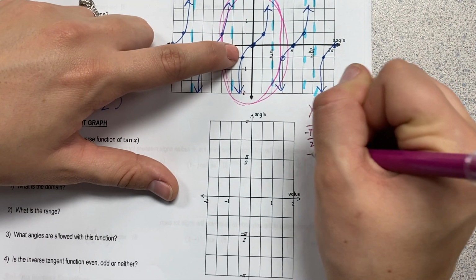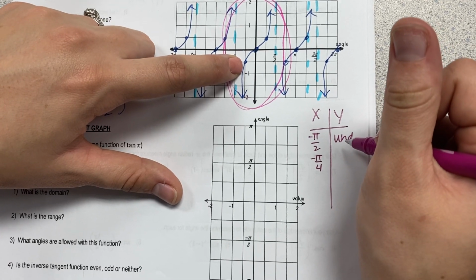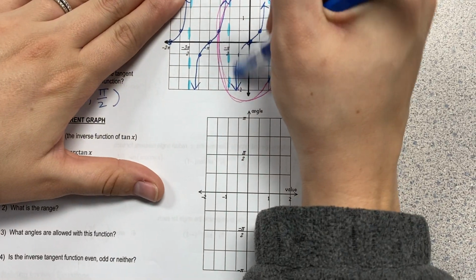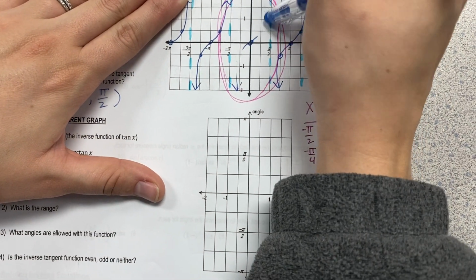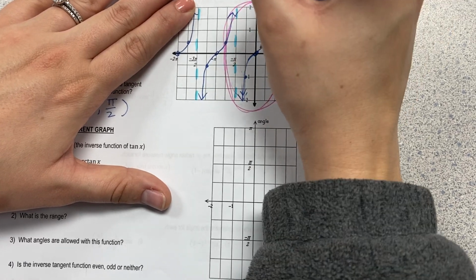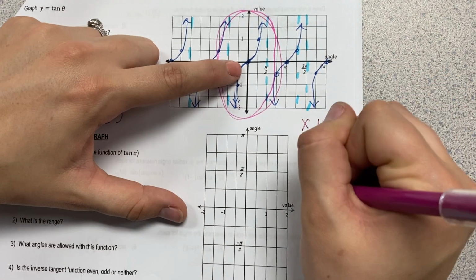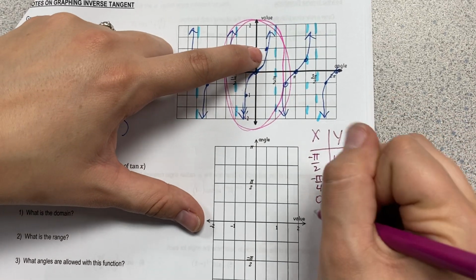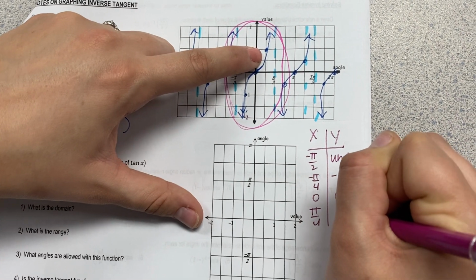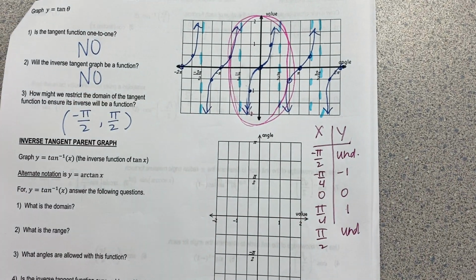This one is pi over 4, and that's at negative what should be 1, because the amplitude is 1, remember? Negative pi over 4, negative 1, 0, 0, pi over 4, 1, pi over 2, undefined.